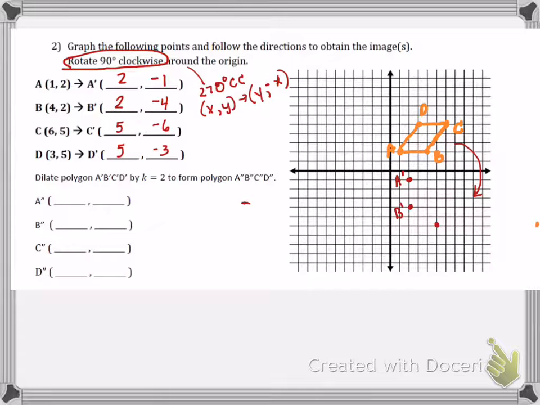And that gives us our C prime, and 5, -3. And that gives us our D prime. And we have our 90-degree clockwise rotation of our parallelogram.